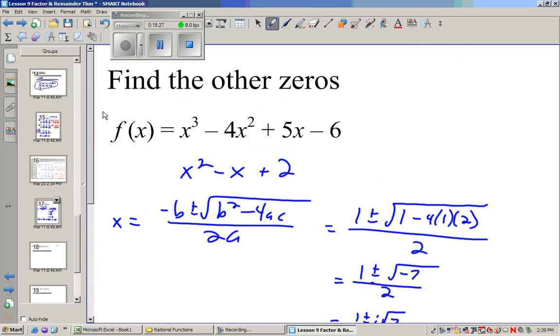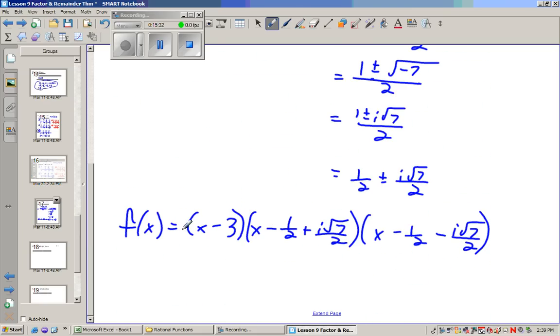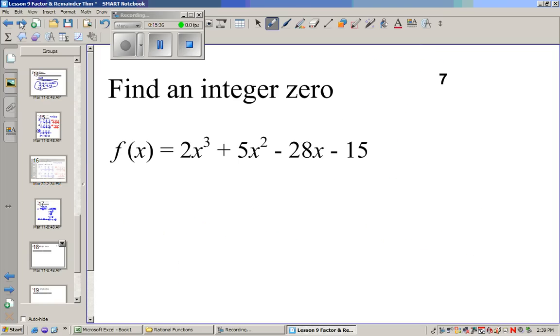Now we have to look up at the original equation. Since the leading coefficient is positive, that's just 1. This leading coefficient will just be plus 1. Alright, now I'll let you guys try this one. Good luck.